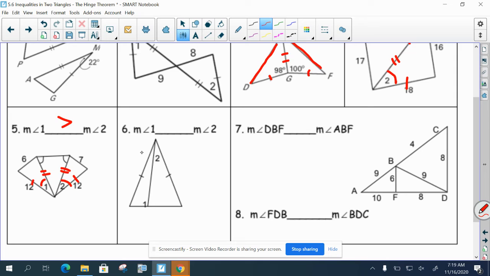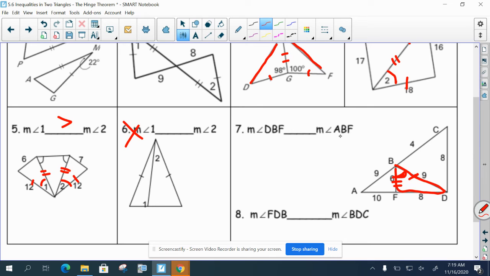All right, and we're going to skip number 6 because that one's confusing. Number 7, the measure of angle DBF. So where is DBF? So we're talking about this triangle right here, and this angle. So the sides are going to be 9 and 6, and this is the included angle.